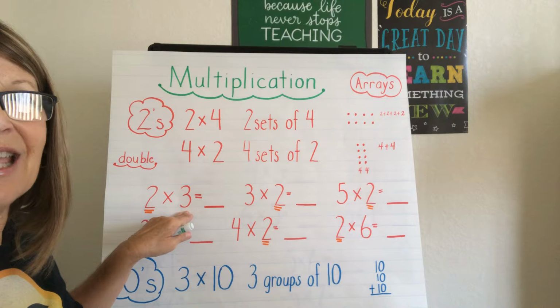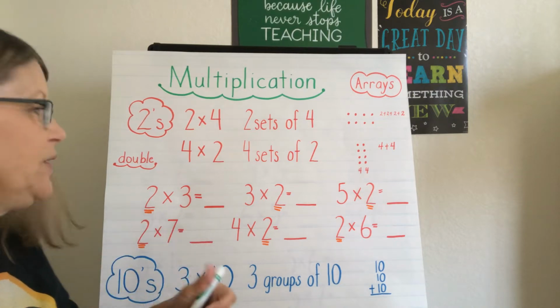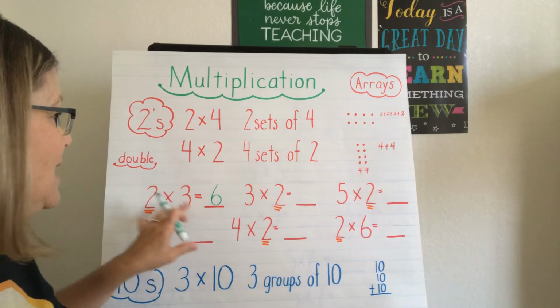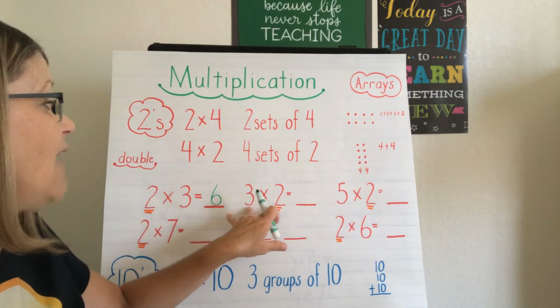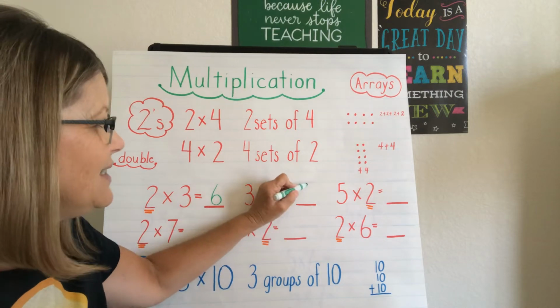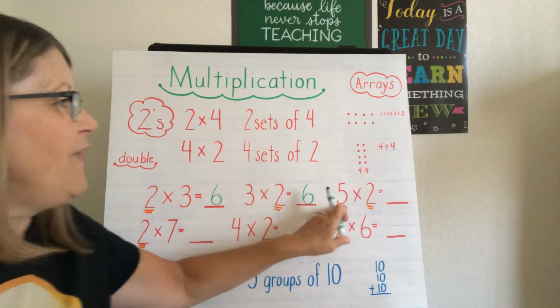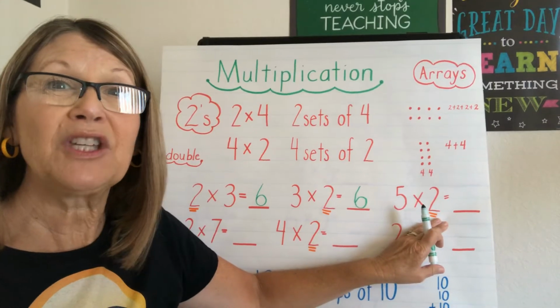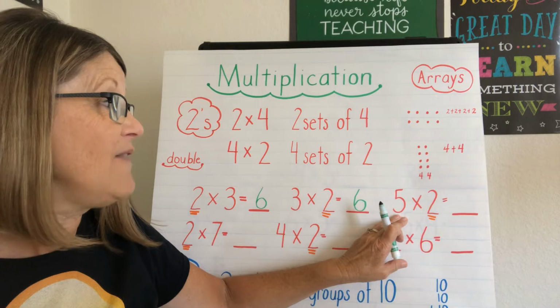It's like saying 3 plus 3, which we know is 6. And again, 2 times 3 is going to have the same answer as 3 times 2, which is 6. 5 times 2. There's my 2. I am just going to look at my 5 and double it.